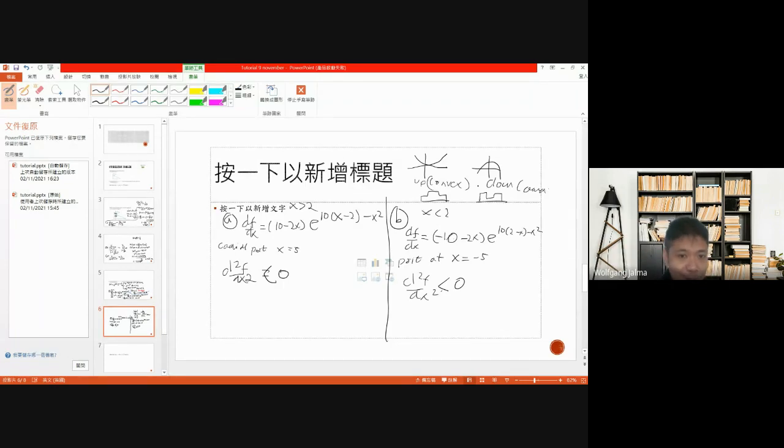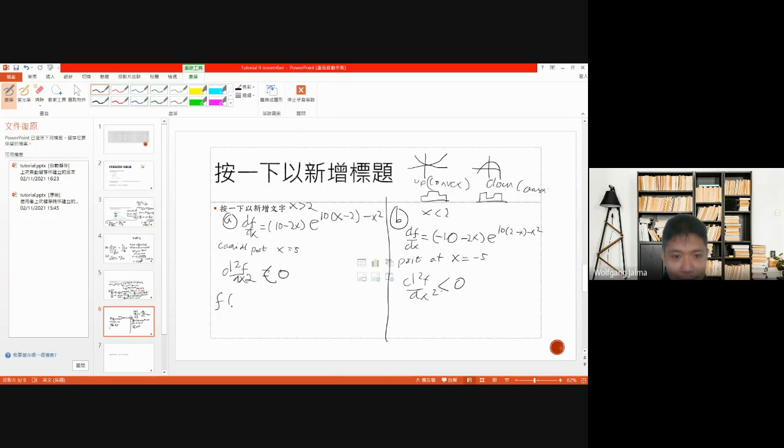But because it is not continuous, it becomes more interesting. So what we can do is just compare. We put these into the original function.